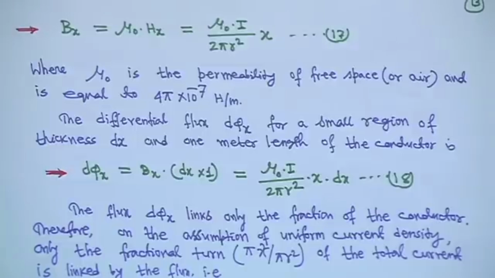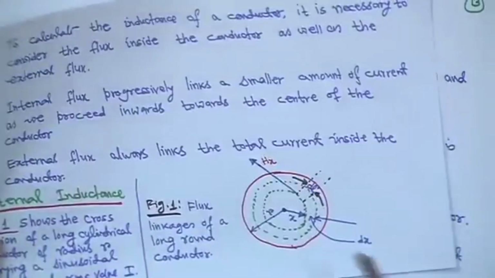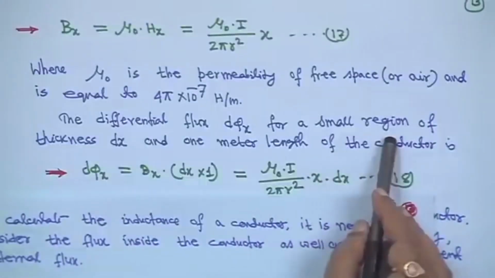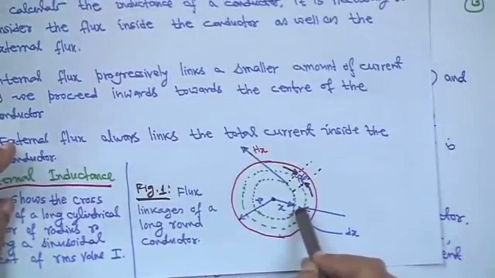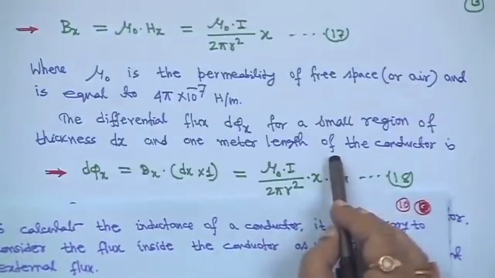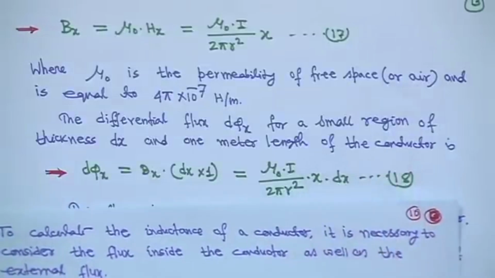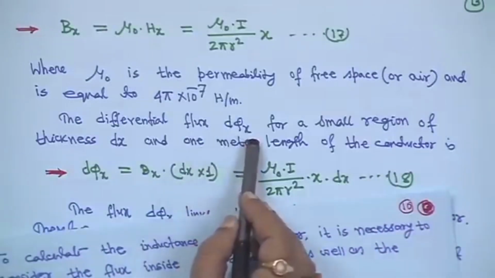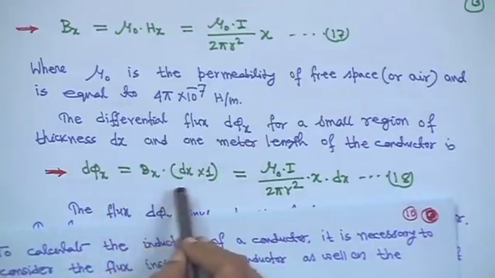Now, the differential flux d phi x for a small region of thickness dx and 1 meter length of the conductor is d phi x equal to B x into dx into 1.